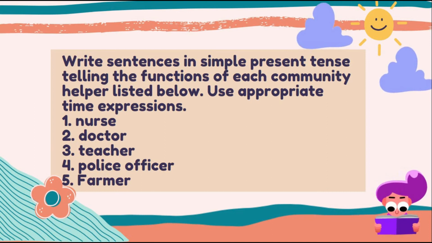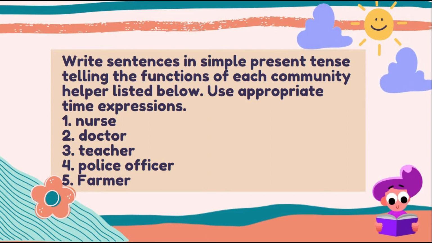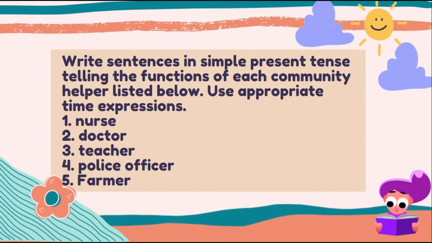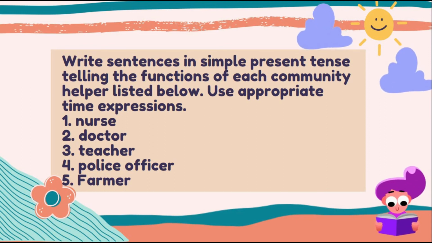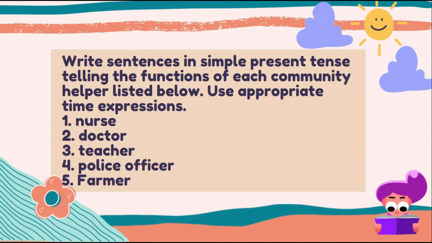We have the nurse, doctor, teacher, police officer, and farmer. Now, you are going to create your sentence, and of course, you have to use the appropriate time expressions, and it should be in the simple present tense. Okay, so I'll be giving you 5 minutes to finish this activity.